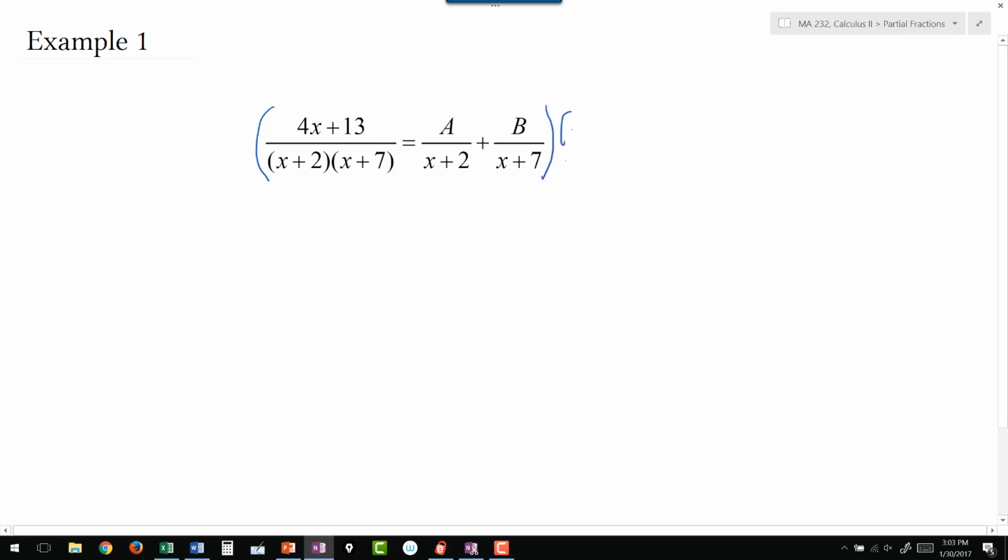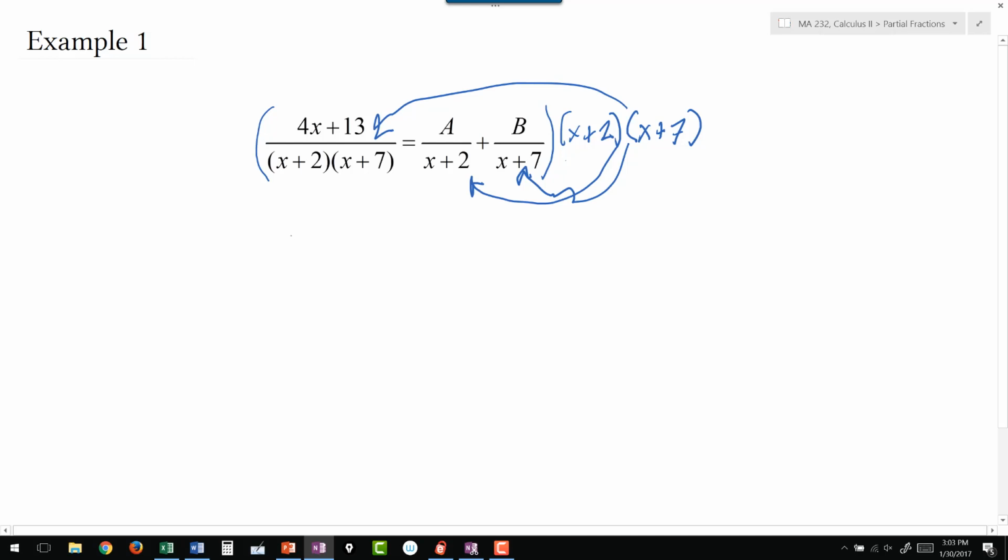What that means is we're going to take the common denominator, (x + 2)(x + 7), and multiply both sides of the equation by that common denominator. So that means we end up multiplying all of the terms by (x + 2)(x + 7). We do that because it allows us to cancel all of the denominators.